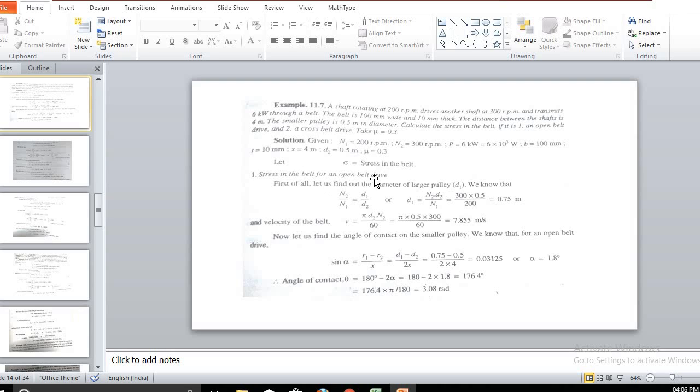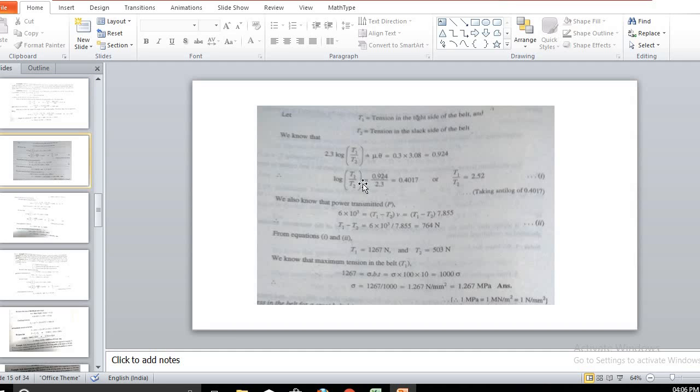Now this case is for the open belt drive, and these formulas are for the open belt drive. The velocity formula is the same for both cases, but the angle of contact formula is separate for the open belt and the cross belt. In the cross belt, these are all plus.